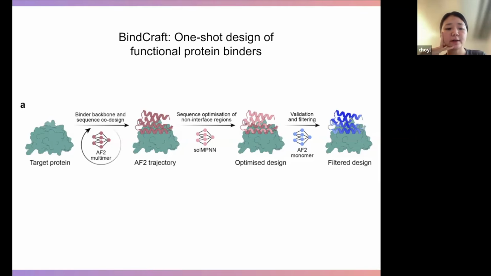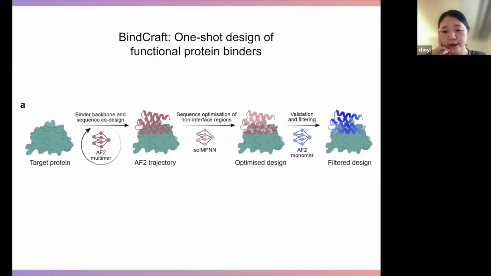Once you get a highly confident trajectory, you redesign the sequence of your binder using SolubleMPNN, to ensure your designs are soluble, fixing the interface residues and optimizing more using an MCMC based method and AlphaFold 2 monomer, to validate whether this binder binds to the target protein. I thought this is really clever because AlphaFold 2 monomer is not trained on the PPI data set, so it can really reduce the bias and overfitting issue.